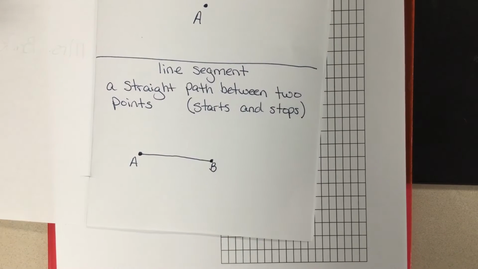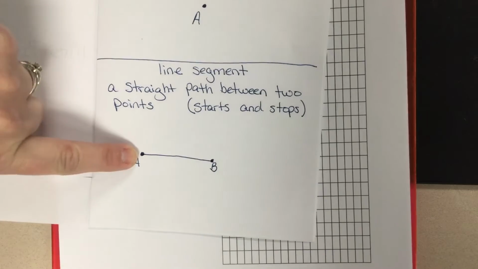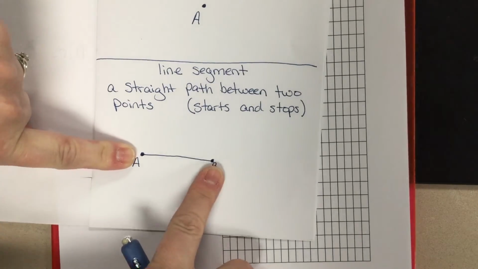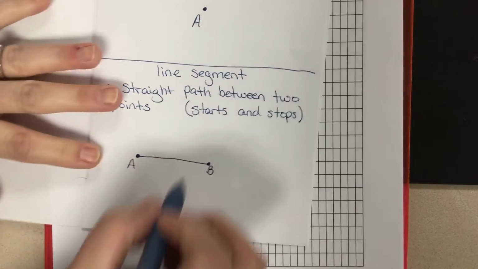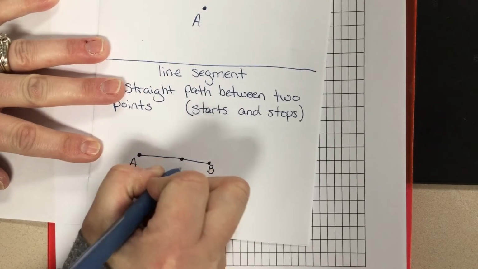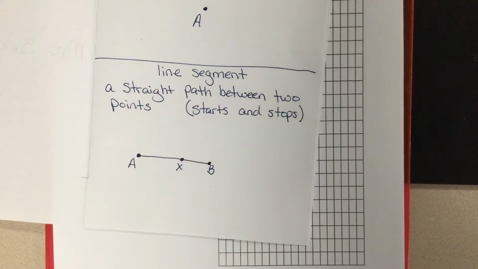Now, because I have line segment AB, that doesn't mean that's it. I could have other points on the line. I could have point Z somewhere on this line segment. I could have point X somewhere on this line segment. But when I say line segment AB, I'm talking about from point A to point B. So let's say I have point X on my line segment, but I'm saying line segment AB.